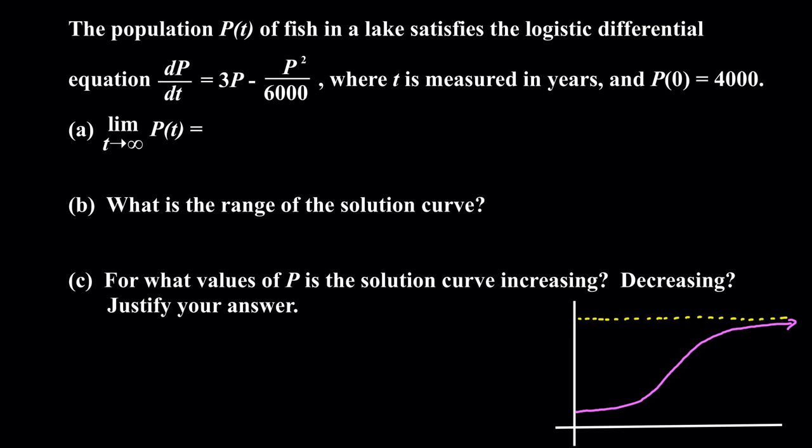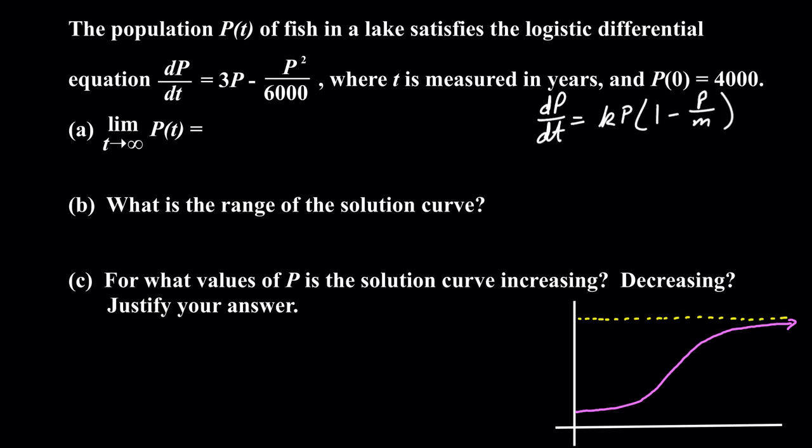So if we go back to the original formula, that was dP/dt is equal to kP times 1 minus P over M.